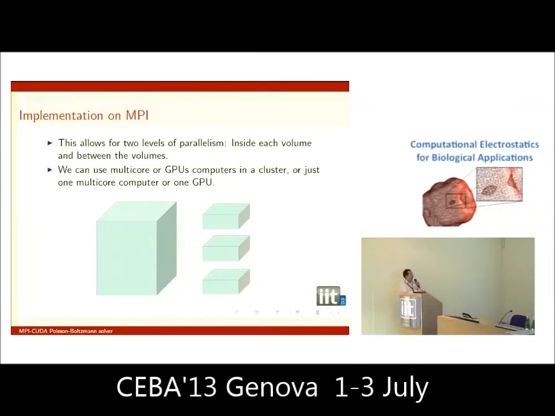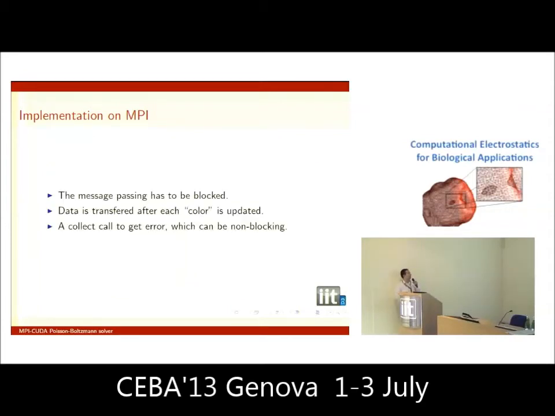So that way, each little cube has boundary conditions. It's a solver on its own. You can treat it as is, you have a molecule inside each one, and it doesn't depend on the other cubes. All you have to do is the message passing between the upper and lower faces of the cube, which you need because you're taking all the points around.